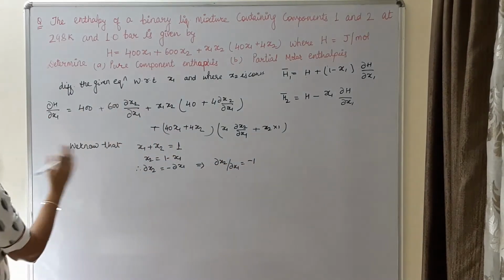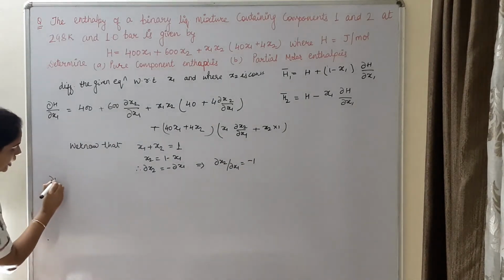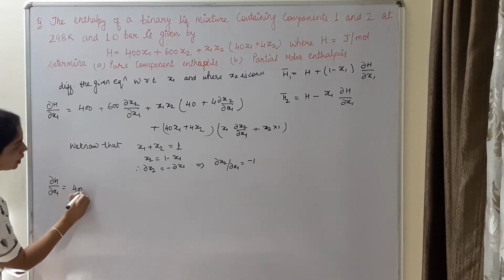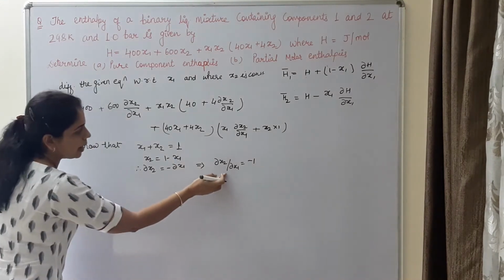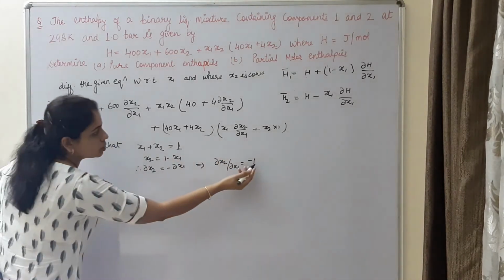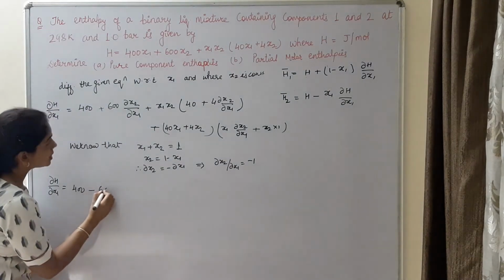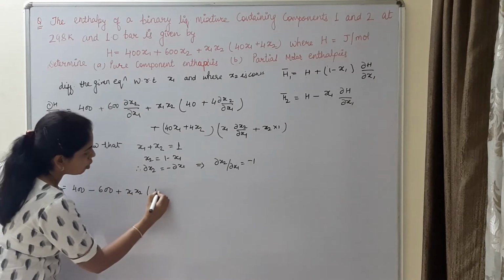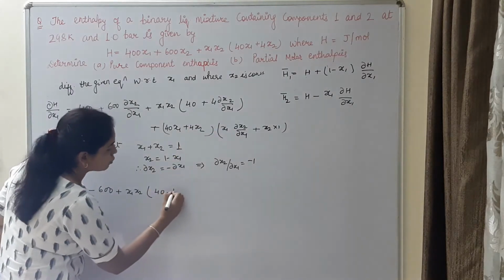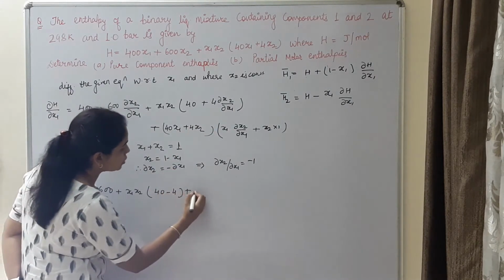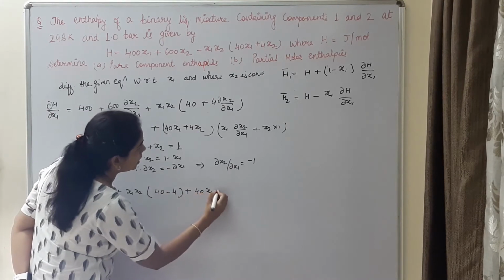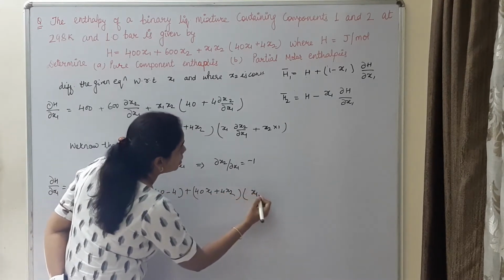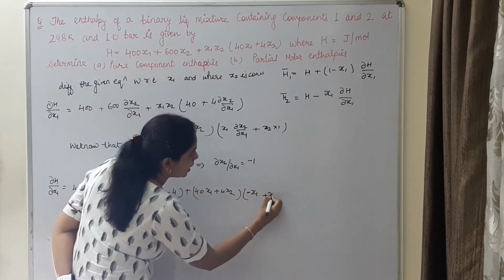So just replace all the values. So ∂H/∂x1 is equal to 400. In place of ∂x2/∂x1 we can put -1, so this is -600, plus x1 x2 remains the same, (40 × 1 - 4 × 1), plus (40 x1 + 4 x2), here it is (x1 - x1 + x2).